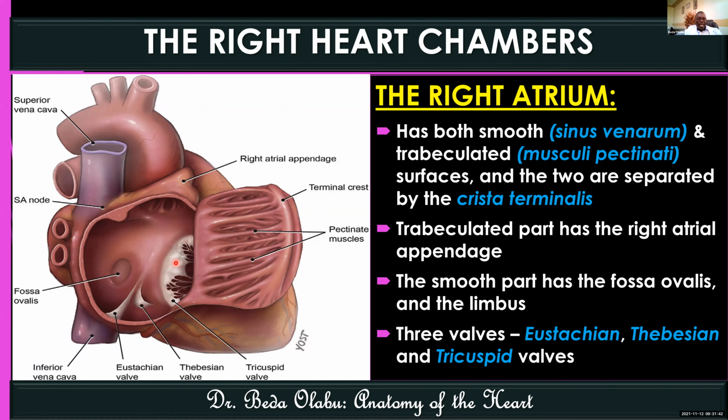There are two important sites within the right atrium that I also want to talk about. If you follow the crista terminalis up to that point and slightly below and behind it, that will be the location of the sinoatrial node.